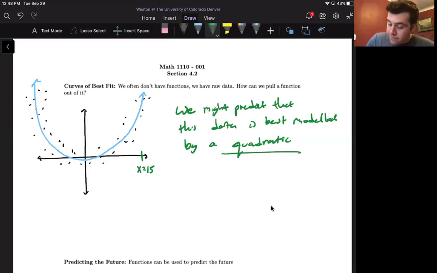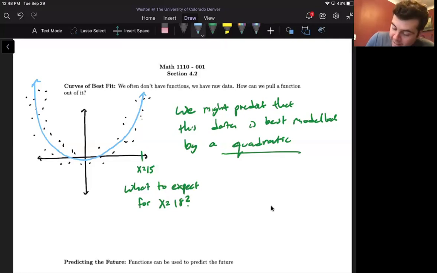We want to know what to expect for x equals 18. Well, once we find this quadratic fit, we can then look at the function for this quadratic and then just evaluate it at f of 18.